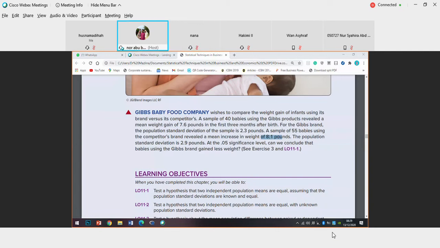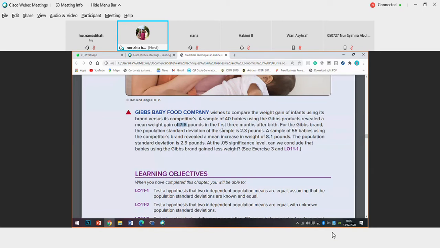So you know that the competitor's brand differs quite a number lah kat sini kan. 7.6 dengan 8.1. Jadi lebih kurang berapa tu? 0.5 pound kan. Jadi agak kritikal lah kat sini kita nak reveal.